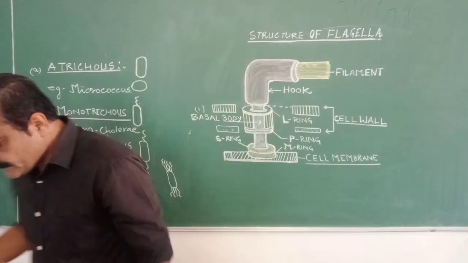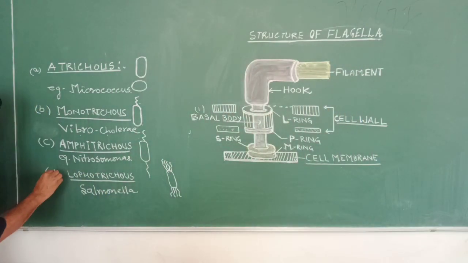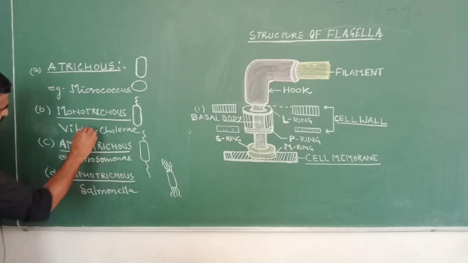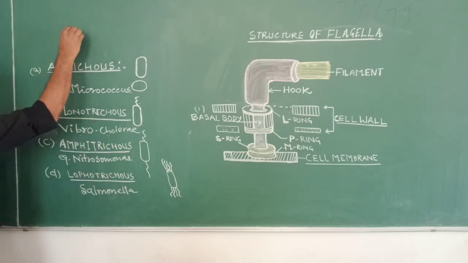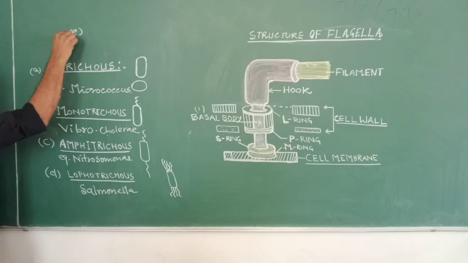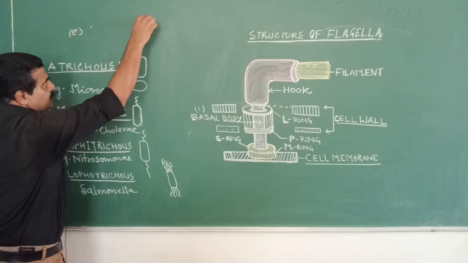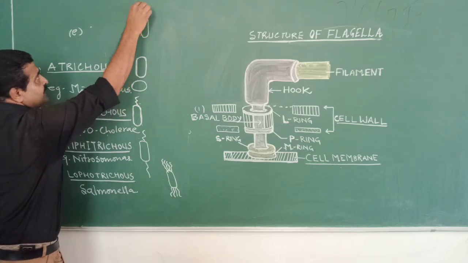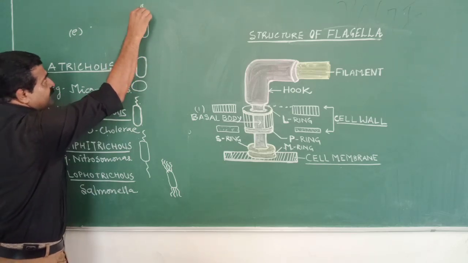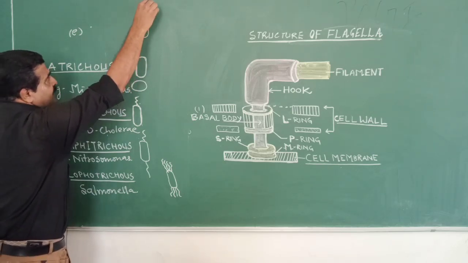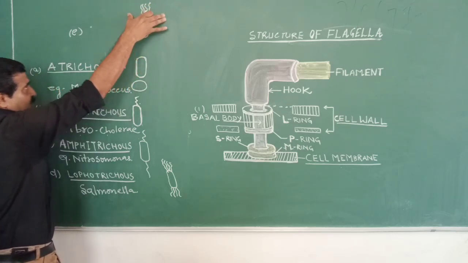Now, the fourth one is the fourth one, kids. This is the fourth. Now, the fifth one here, E. This is the bacteria where the bunch of flagella is present at one end only.